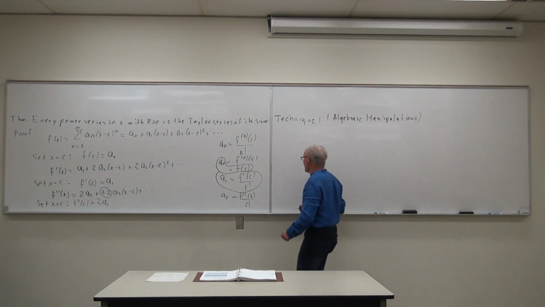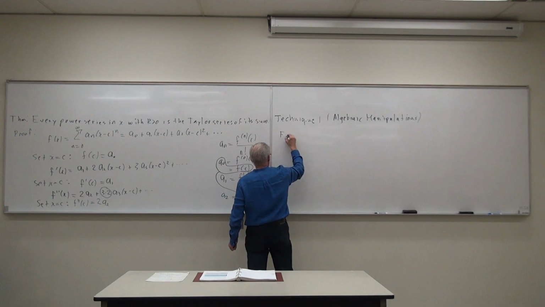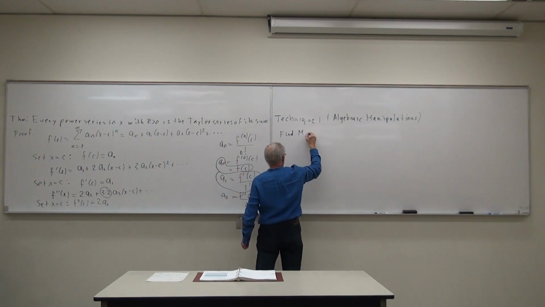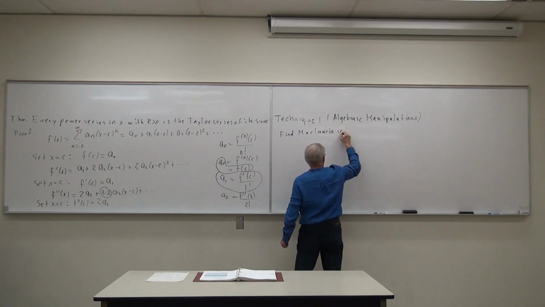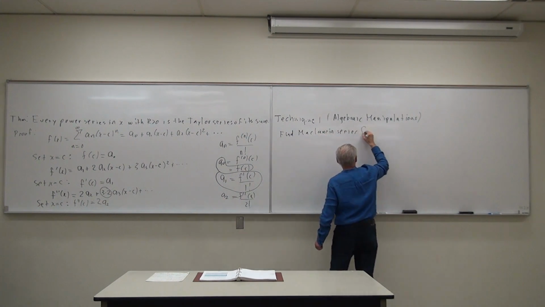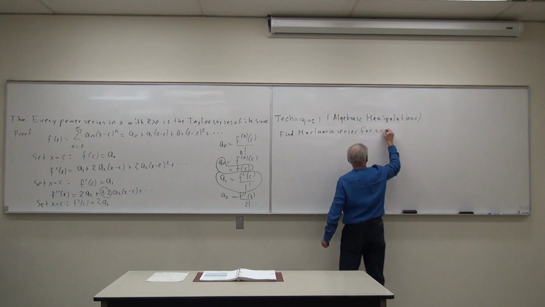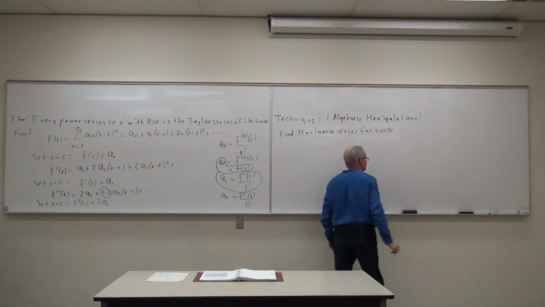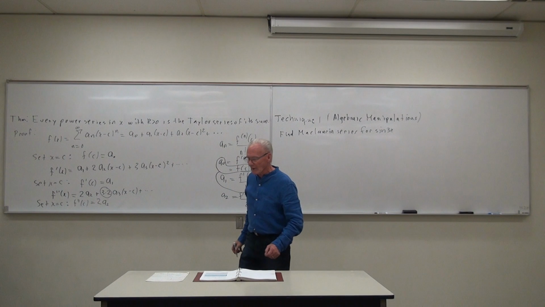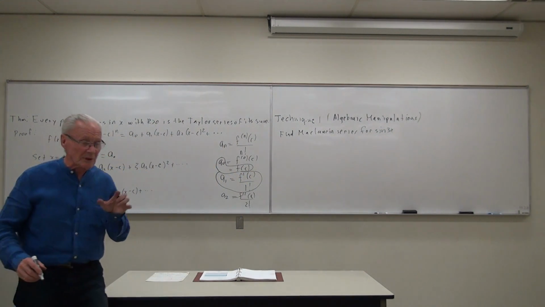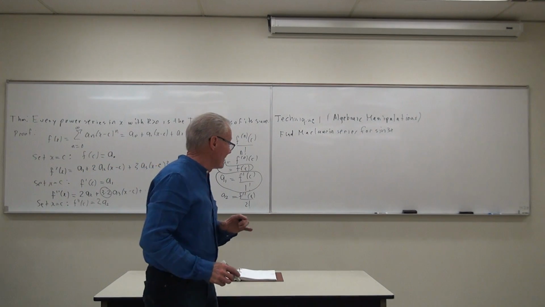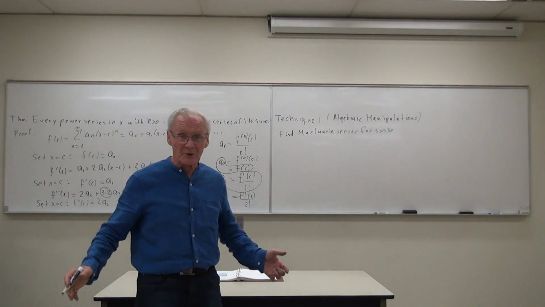For instance, find the Maclaurin series for sine of 3x. Now, when I say find the Maclaurin series, you know that I must also be assured that when I get it, it's got an interval of convergence.